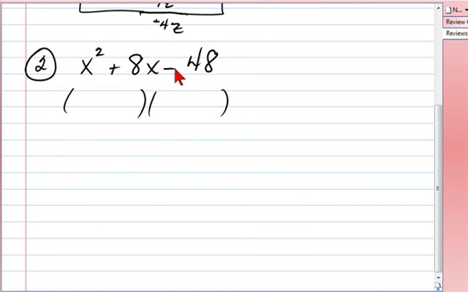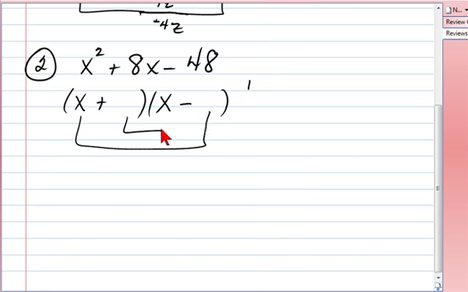The last sign is negative, which means 1 of each. Luckily, this time, I am leading with just an x squared, so I know it's x and x. That means this one should be easier. I don't expect to error. 48. Well, let's see. I need a difference of 8. My outers and inners have different signs, so I'm looking for a difference of 8.